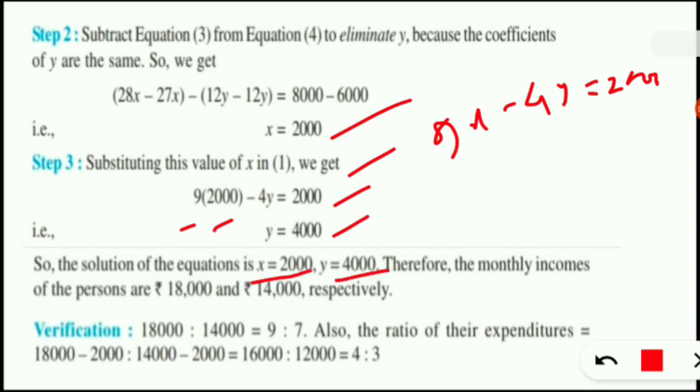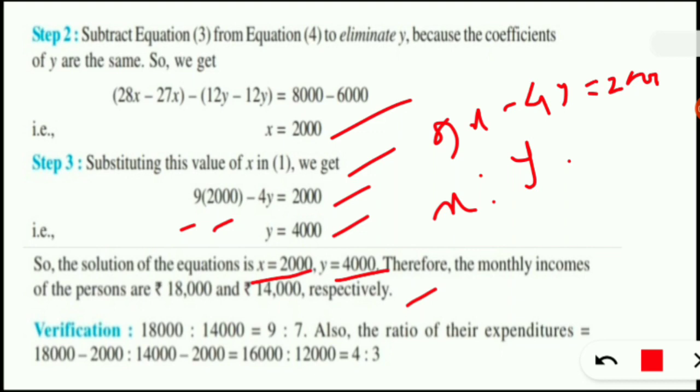Therefore the monthly incomes of the persons are rupees 18,000 and 14,000 respectively. Clear? Now verification. So here the income ratio, 18,000 ratio 14,000, that means 9 ratio 7.